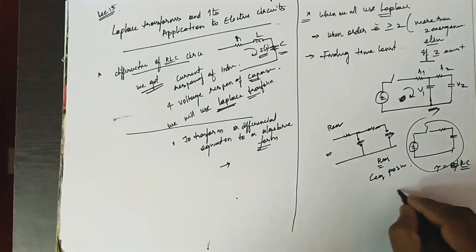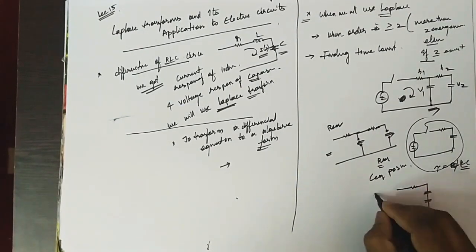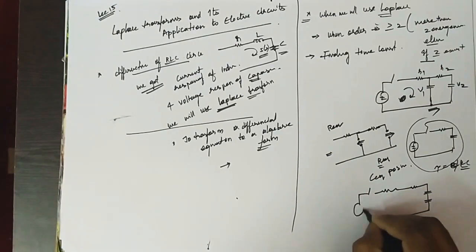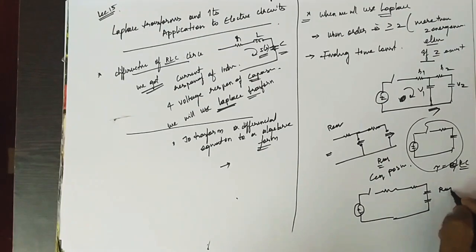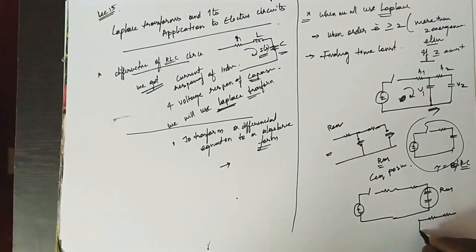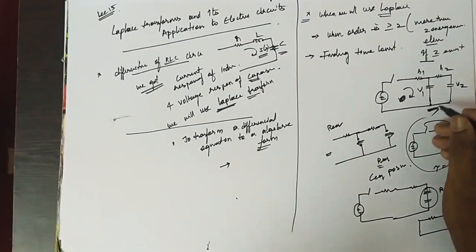If you have a circuit like this with one energizing element, for finding R equivalent you just open the capacitors, switch off the source, look into it, and you will get R equivalent. Similarly, for finding C equivalent, you get 1 by C1 plus 1 by C2. But in this circuit, you cannot find the time constant.